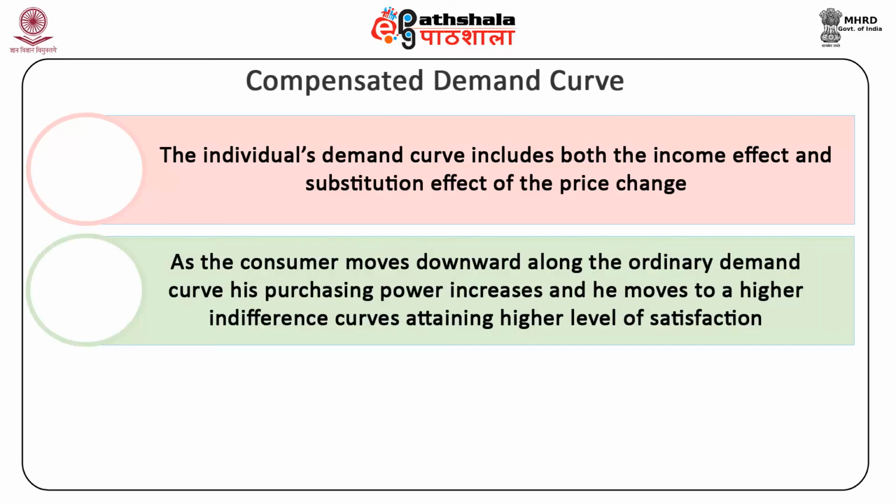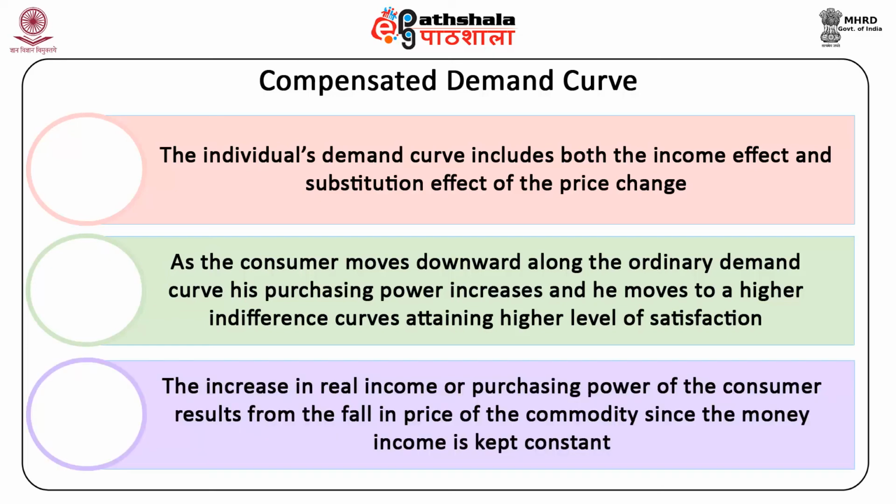As the consumer moves downward along the ordinary demand curve, his purchasing power increases and he moves to a higher indifference curve, attaining a higher level of satisfaction. The increase in real income or purchasing power of the consumer results from the fall in price of the commodity, since the money income is kept constant.